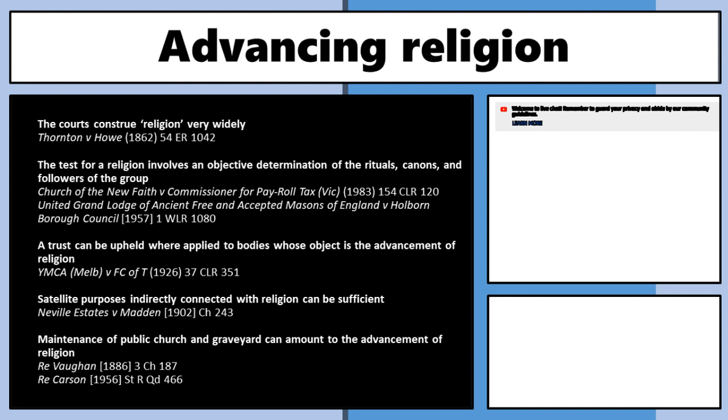And so what we have to do is an objective determination of all of the indicia of organized religion. And that is looking at essentially three areas: whether or not there are particular rituals or things that people do in the scope of this particular religion, or religious activities; whether or not there are particular texts or rules or canons of that particular faith; and whether or not there are followers.